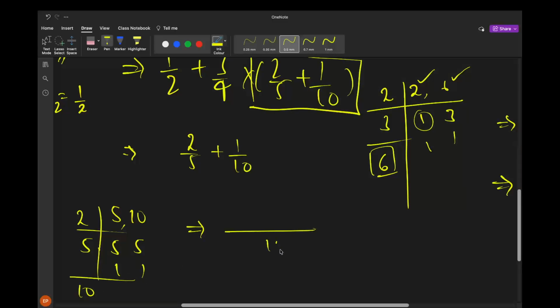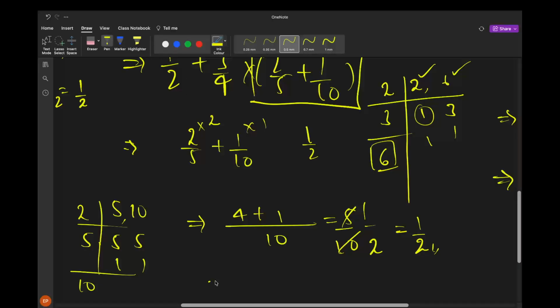So 10, 5 how many times? 5 2s are 10. 10 how many times? 1s are. So 2 2s are 4, 1 ones are 1, 5 by 10. Not in simplest form. Let me convert it to simplest: 5 ones are 5, 5 2s are 10, which is 1 by 2. Right? So this whole part gives us 1 by 2.